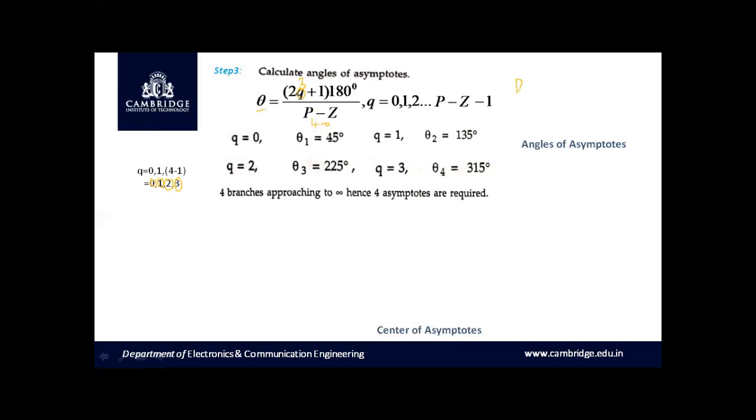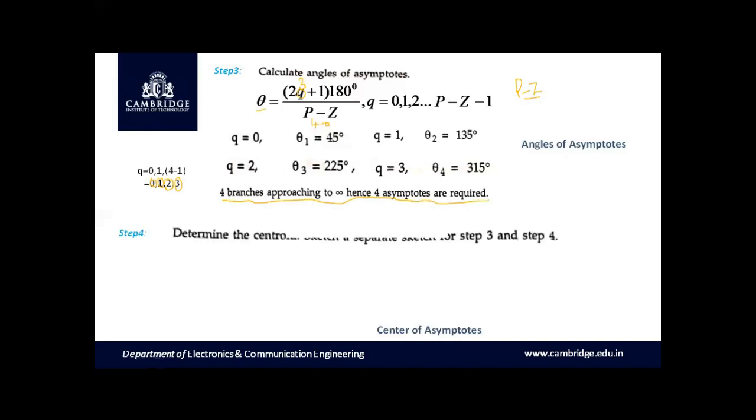That is, you will always get P minus Z asymptotes. So in this case, we have got 4 asymptotes. We can write it as 4 branches approaching infinity. Hence, 4 asymptotes are required.